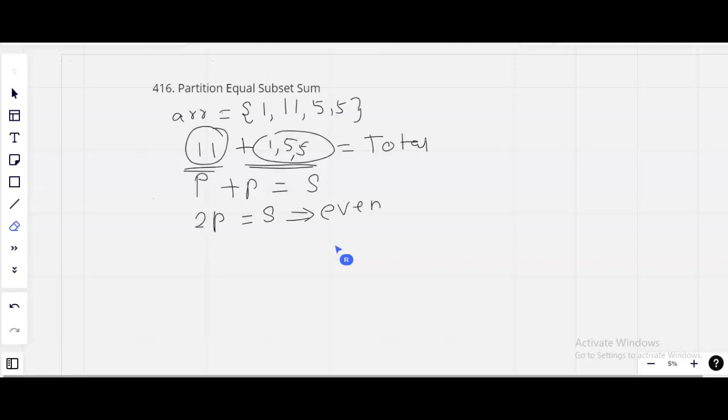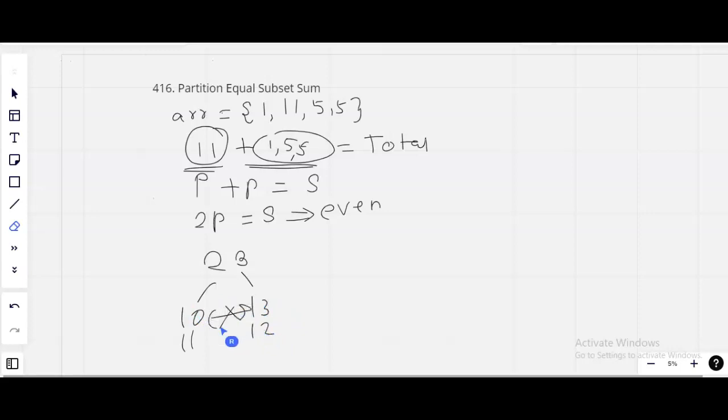which can work. If suppose the sum was 23, then there was no way we could divide it into a form like 11.5, as the values that we are given are integer type, so we cannot do that. It would have to be something like 10, 13, 11, 12, but cannot be equal, right?